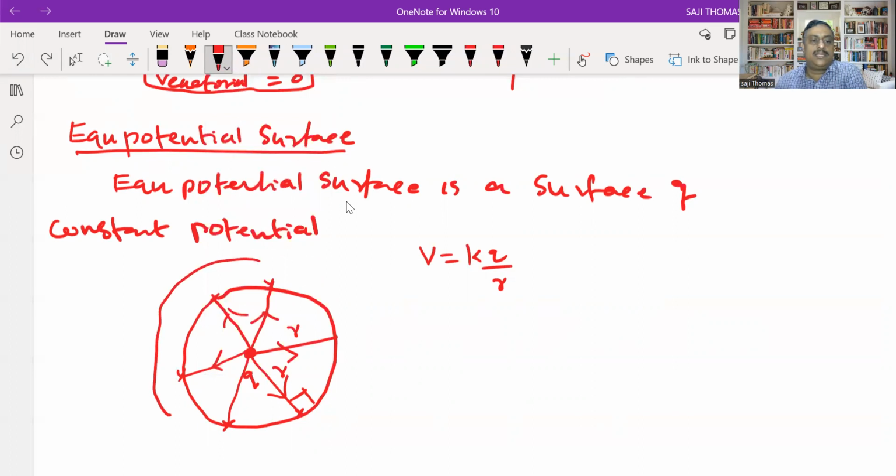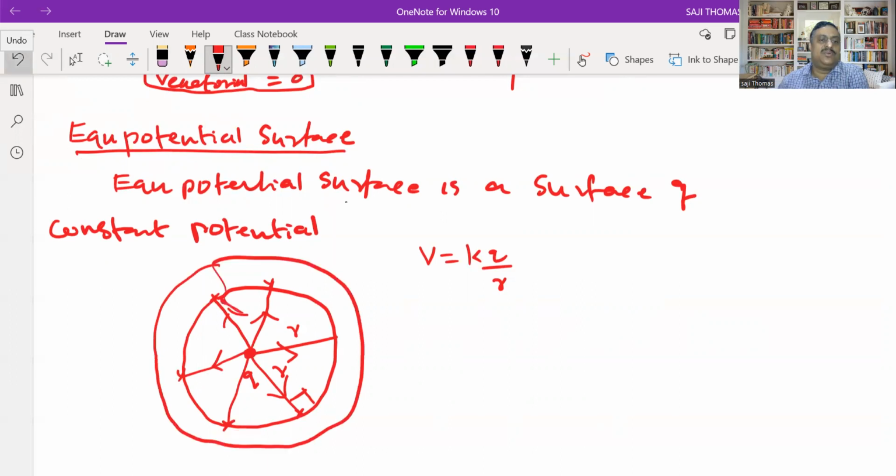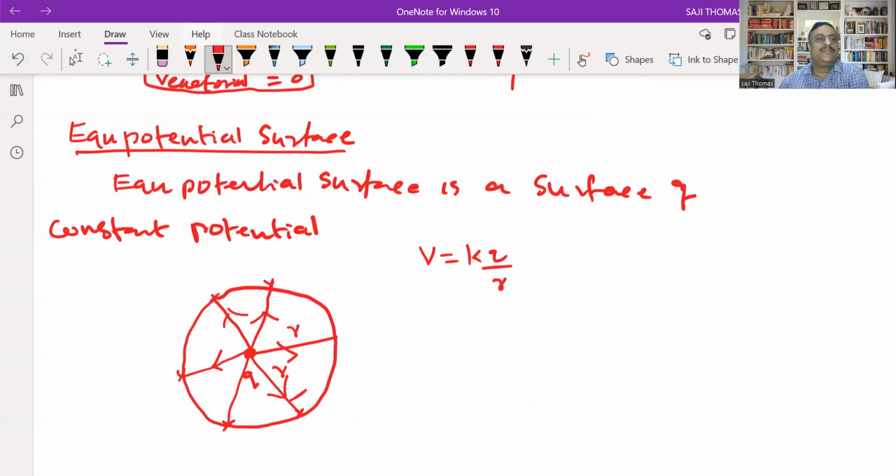So this is another equipotential surface. So for a point charge, equipotential surfaces are spherical surfaces, concentric spheres.